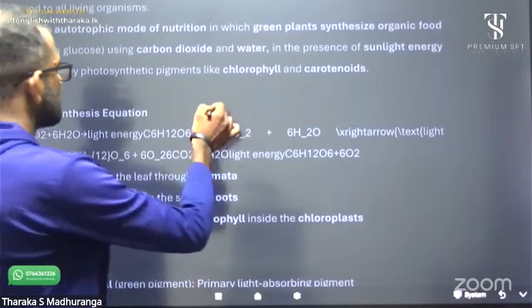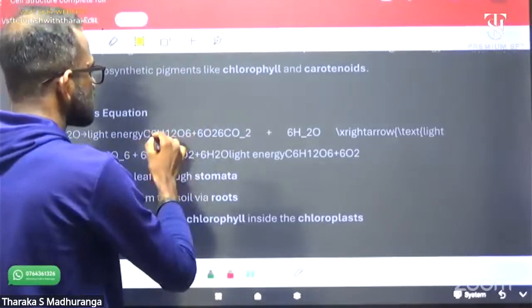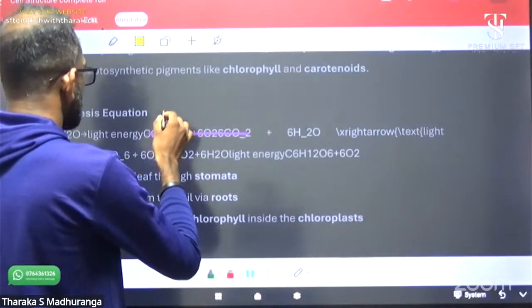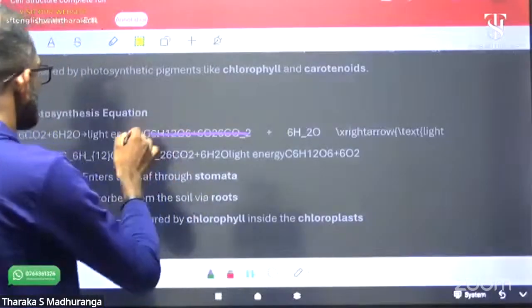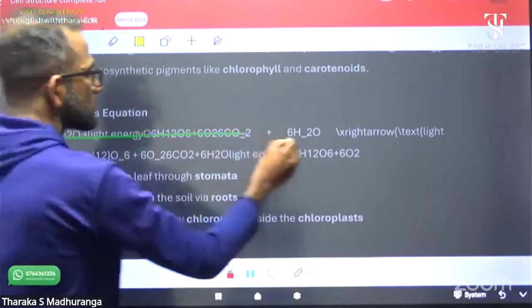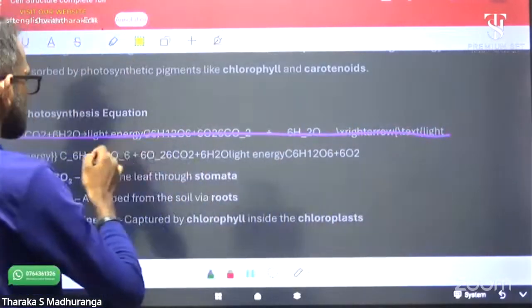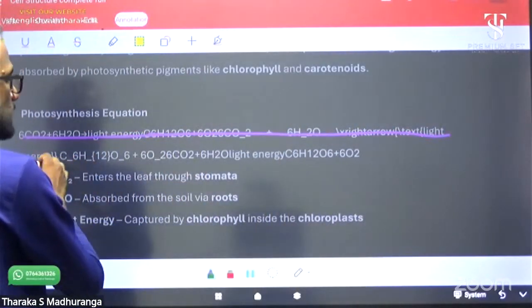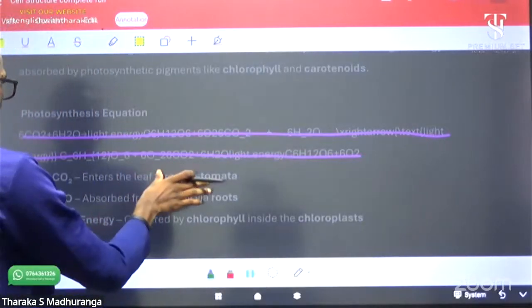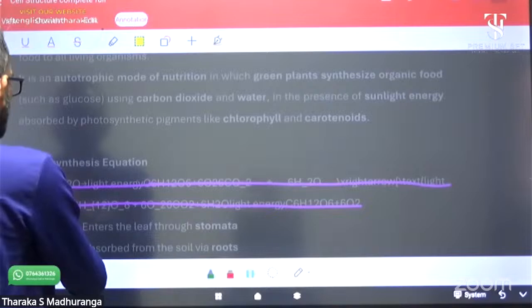There is a mistake here in the photosynthesis equation. It's wrong. This is the equation.